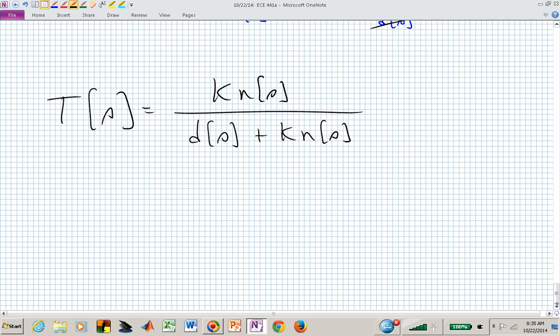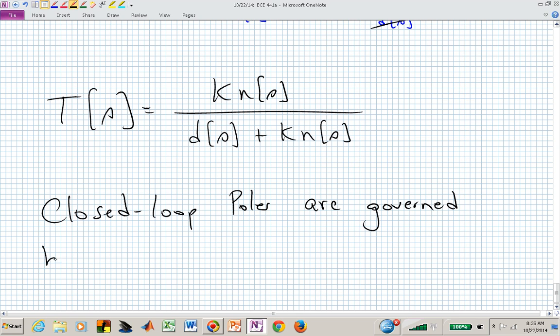Our closed loop poles are governed by the roots of D of S plus K N of S equal to 0.